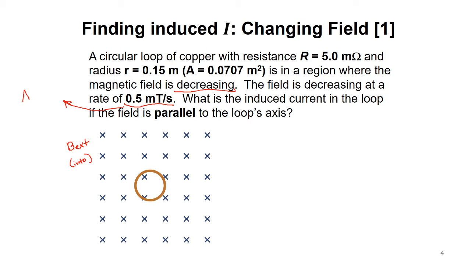When we do delta B over delta time, it's equal to negative 0.5 millitesla per second. The negative sign means that it is decreasing. And we are looking for the induced current. We are looking for I.